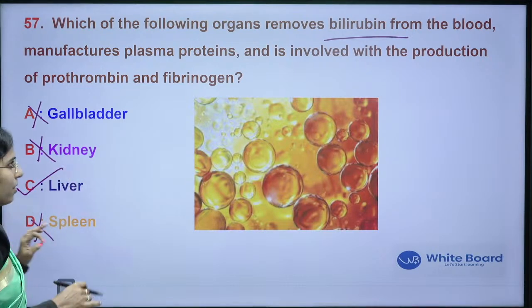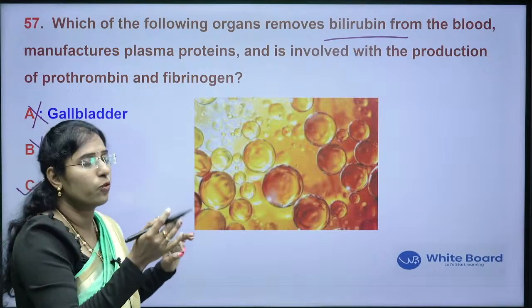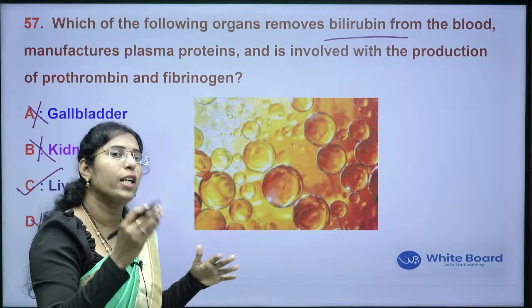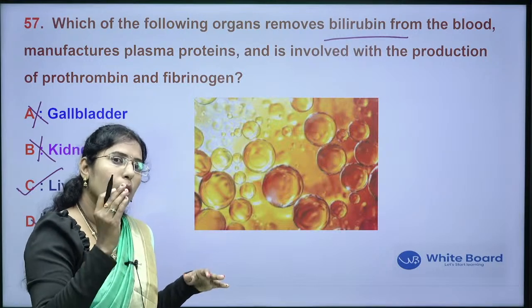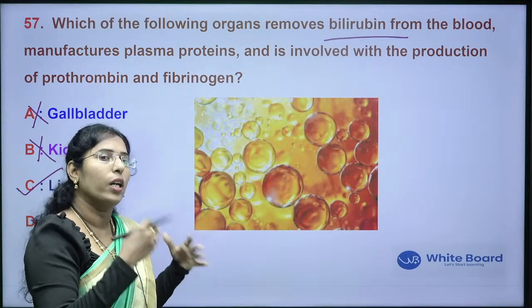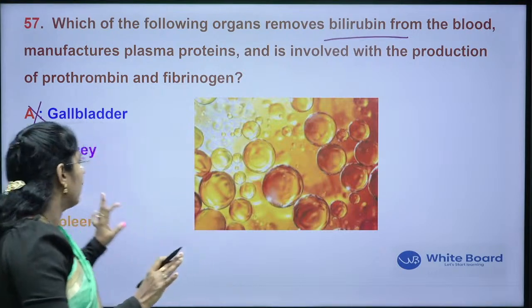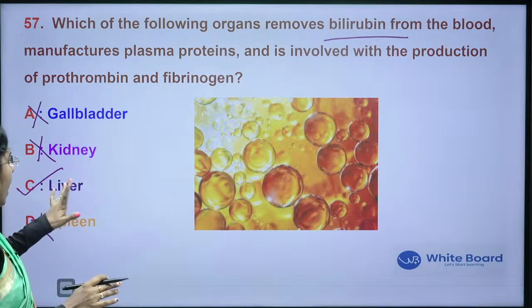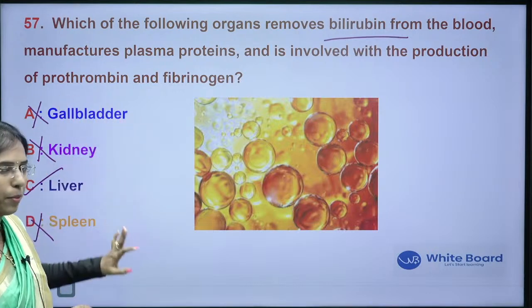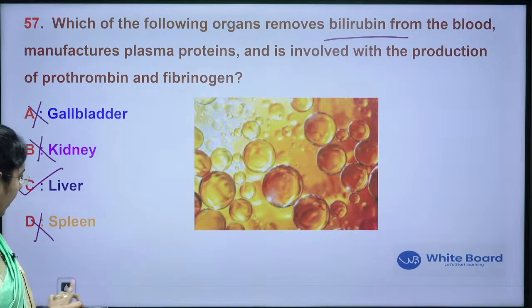Liver is the correct answer. Just now I told you bilirubin is formed by the breakdown of RBC. This bilirubin will be eliminated or removed from our body by our liver. So, the answer is the liver, and the production of prothrombin and fibrinogen also takes place there.